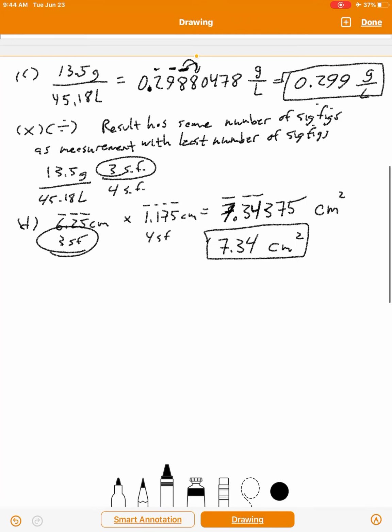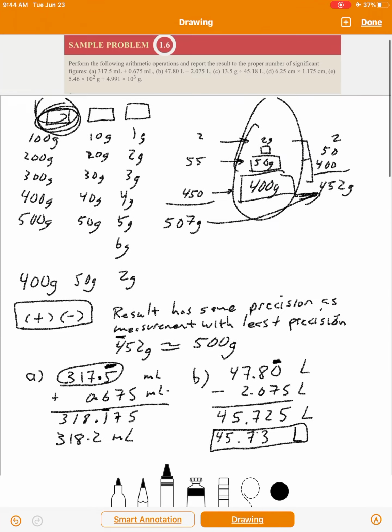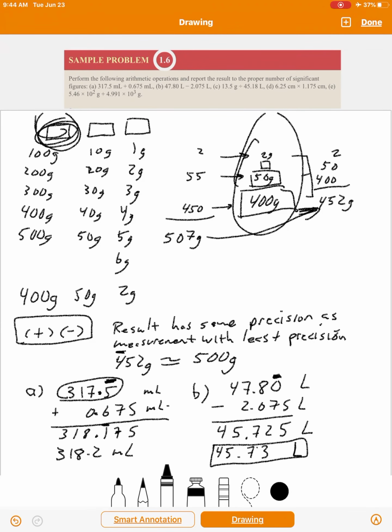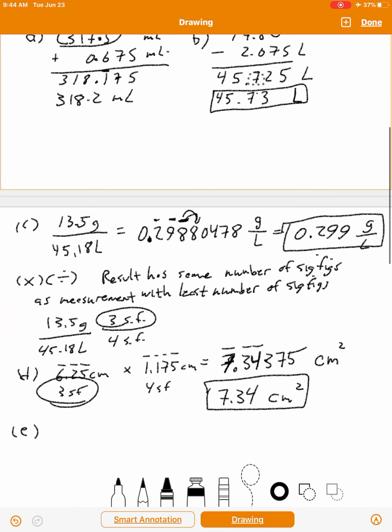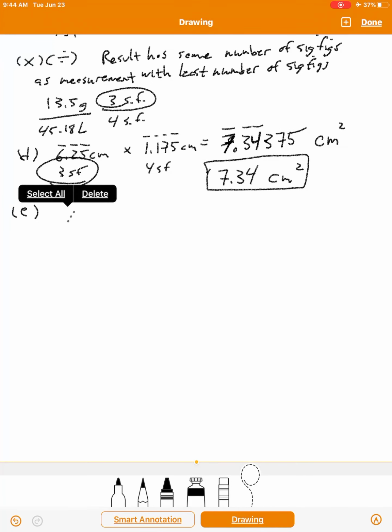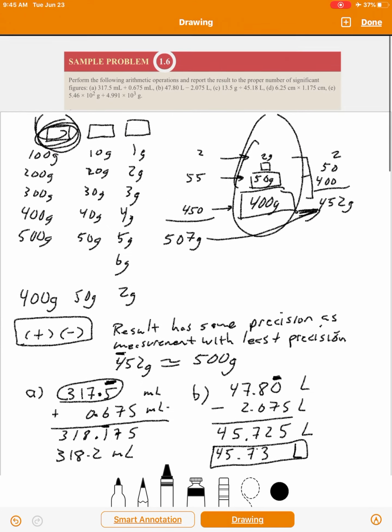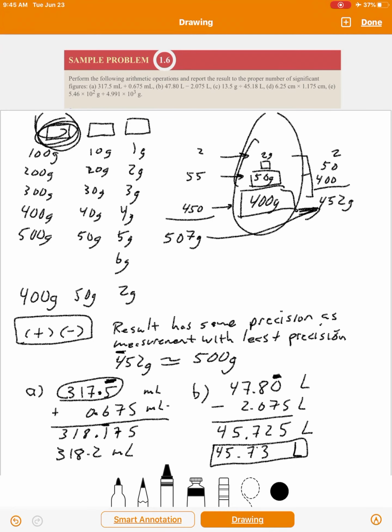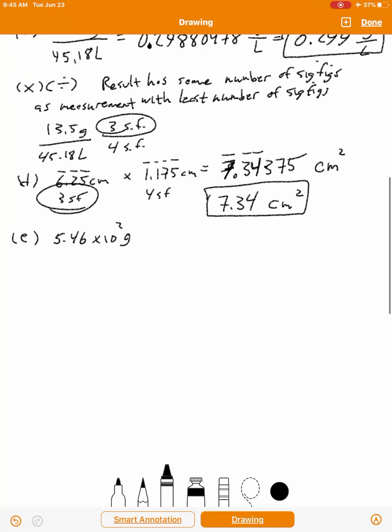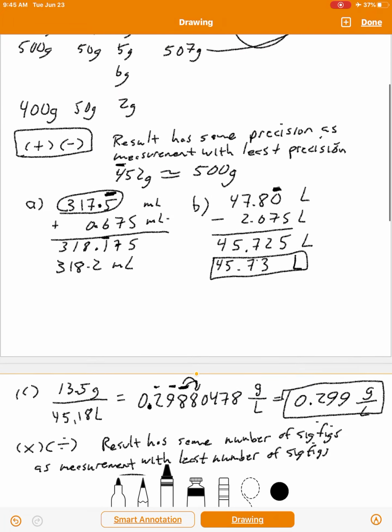Okay. And then let's take a look at E. E is 5.46 times 10 to the 2 grams, and we're going to add that to 4.991 times 10 to the 3 grams.